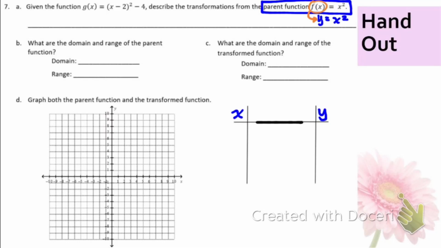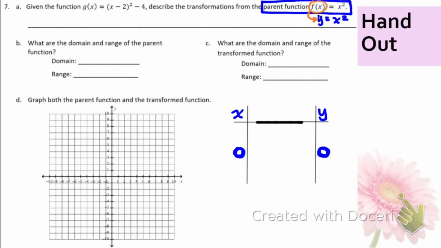They don't have them. So if it doesn't have an h, what number would it be? 0. If it doesn't have a k, what number would it be? 0. So our vertex is 0, 0. I'm going to put that right in the middle of the table. 0, 0, right here.